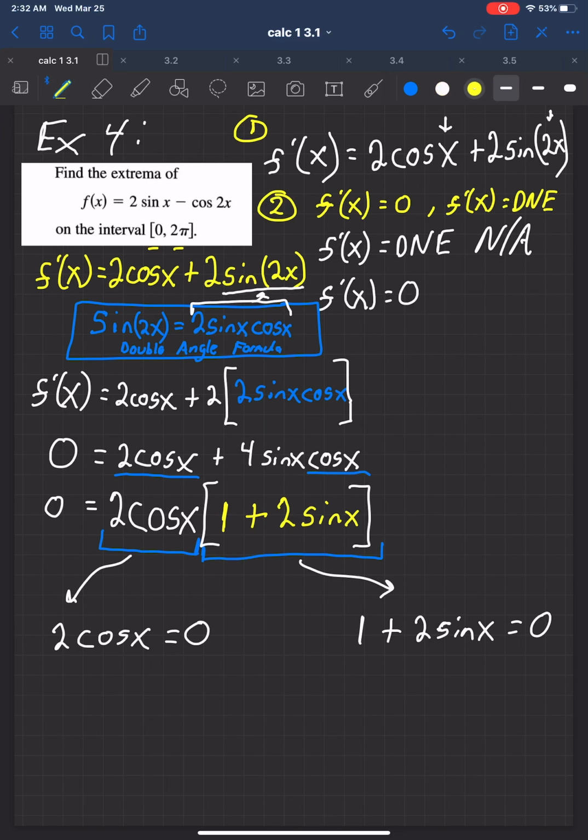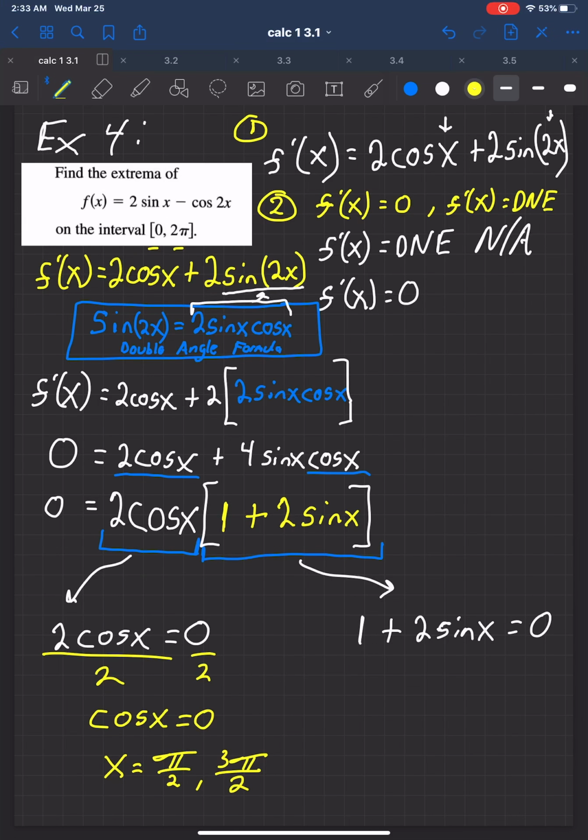I'll go ahead and do this for you. That leaves you with cosine of x is equal to 0. Now you grab your unit circle and you figure out that when x is 90 degrees, pi over 2, or 3 pi over 2, the cosine value is 0.